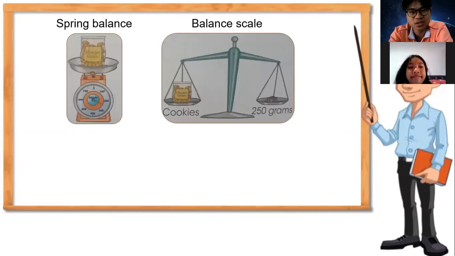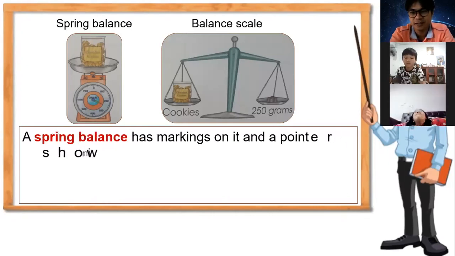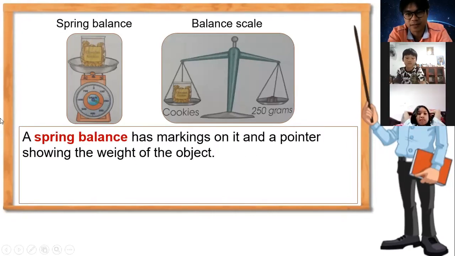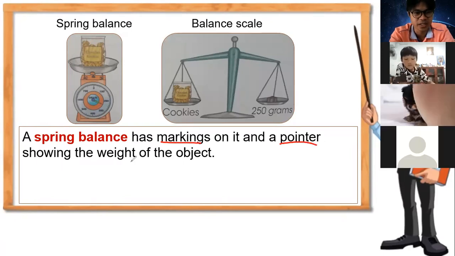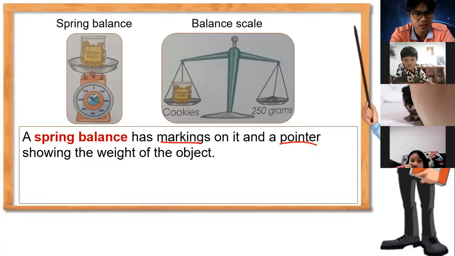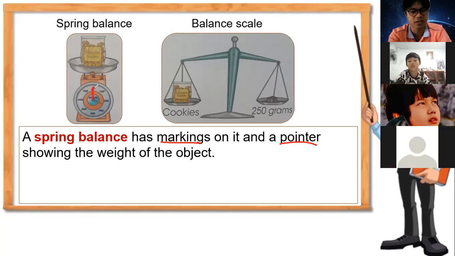All right, so this is the spring balance, and another picture is the balance scale, another measuring tool. So the spring balance, class, you can see here, right? Listen carefully, look at the screen. Spring balance, you can see here markings, okay? The spring balance has markings and a pointer showing the weight of the object. So there's a marking here, 0. If no object yet, the pointer is pointing at 0, right?